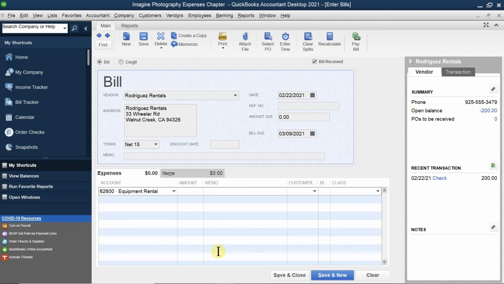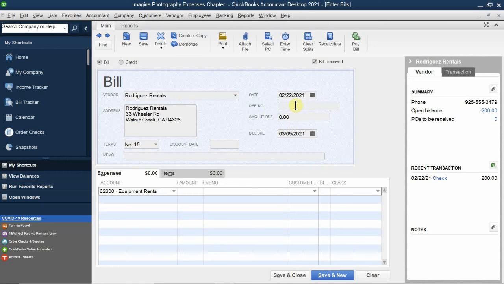And this time they decide to say, well, at the end of the day, when we bill you, we're going to bill you for the total amount of, let me see, enter in bill. Hold on, sorry. We're going to enter in the bill for Rodriguez for a total of $185.